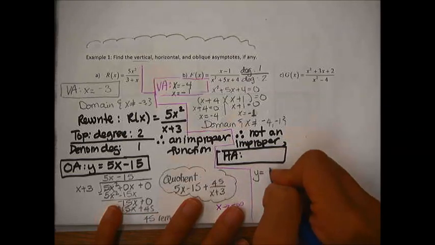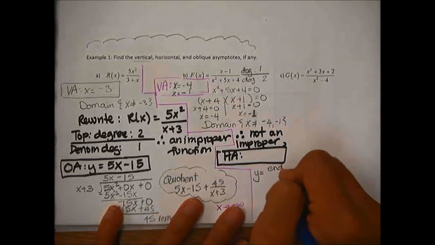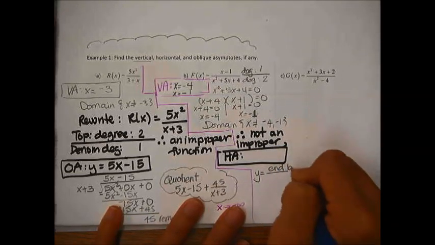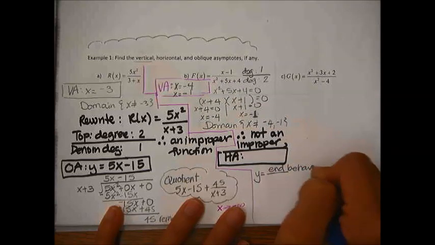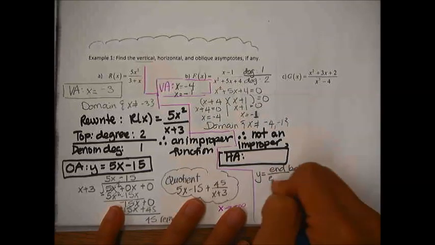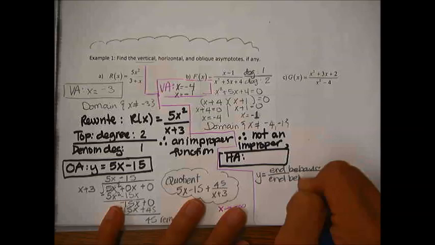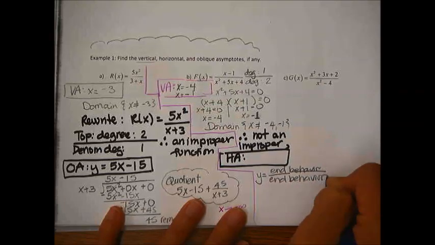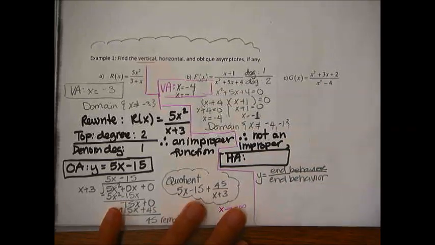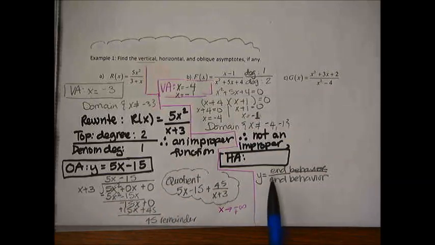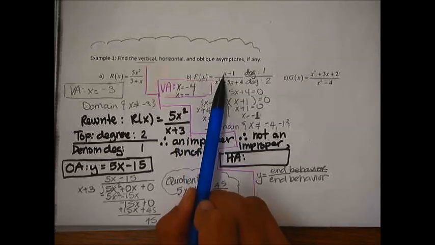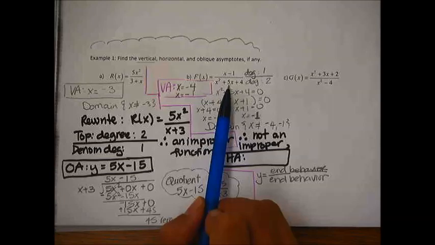So we are going to take the end behavior on the top divided by the end behavior on the bottom. All you are doing to find your horizontal asymptote is really the end behavior divided by another end behavior.